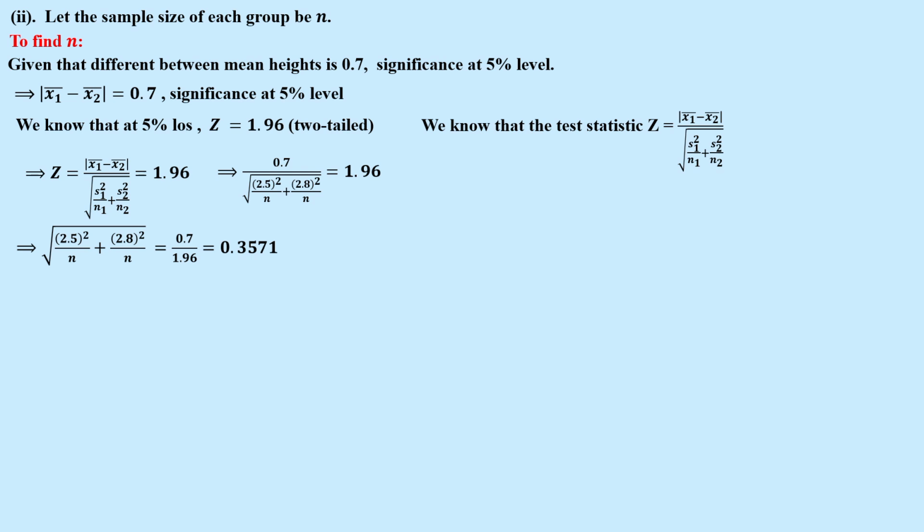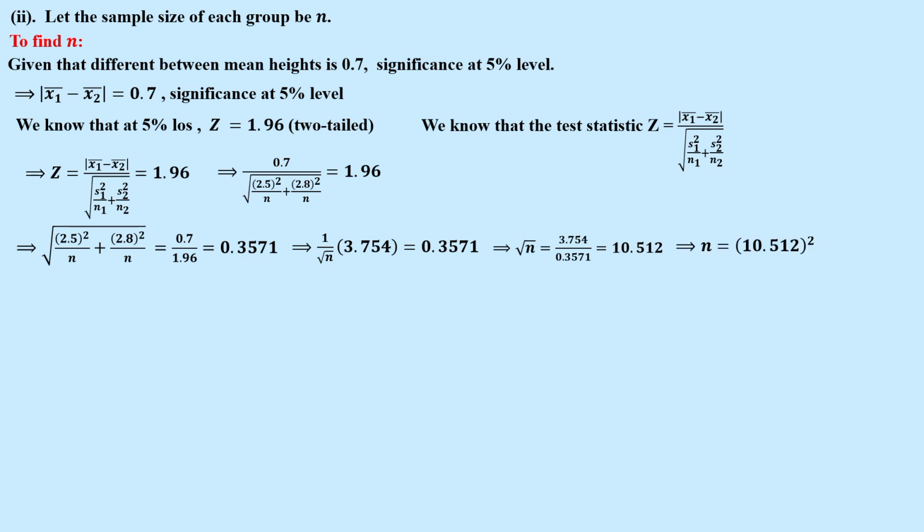Squaring both sides, otherwise you can easily calculate the value. Take n common and take it outside, so 1 by root n, then root of 2.5 square plus 2.8 square, which is 3.754. Therefore root n is equal to 3.754 by 0.3571, that is 10.512.